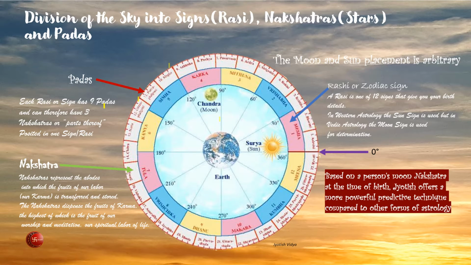And in Vedic astrology, we depend more on the moon nakshatra rather than the sun, because the moon nakshatra is the lunar constellation, the lunar mansion as we call it. So based on a person's moon nakshatra at the time of birth, Jyotish offers a more powerful predictive technique. Right?